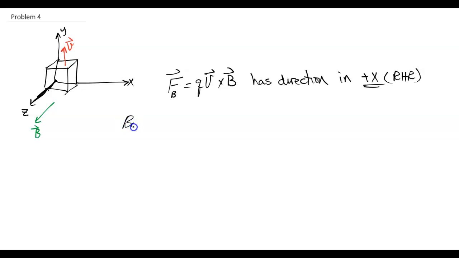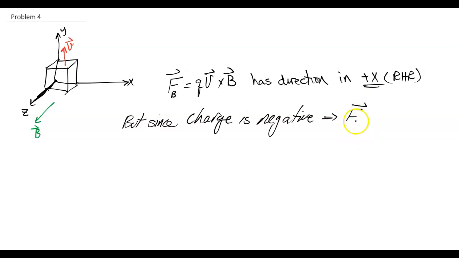But since the charge that's moving is negative, because we have an electron, it means that the force in this case is going to be in the negative x direction.